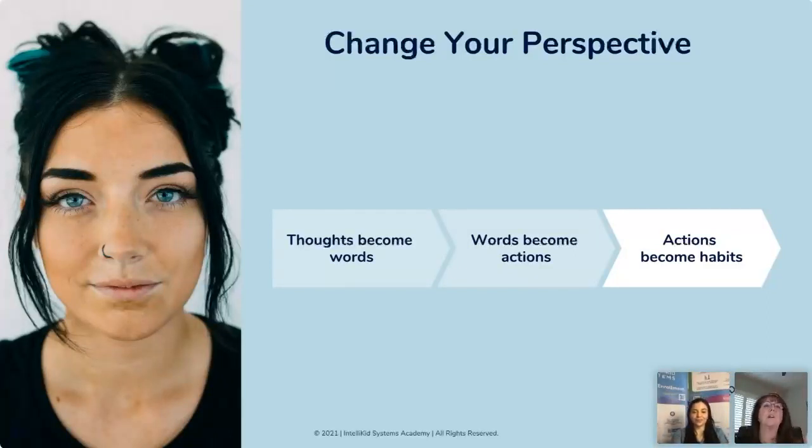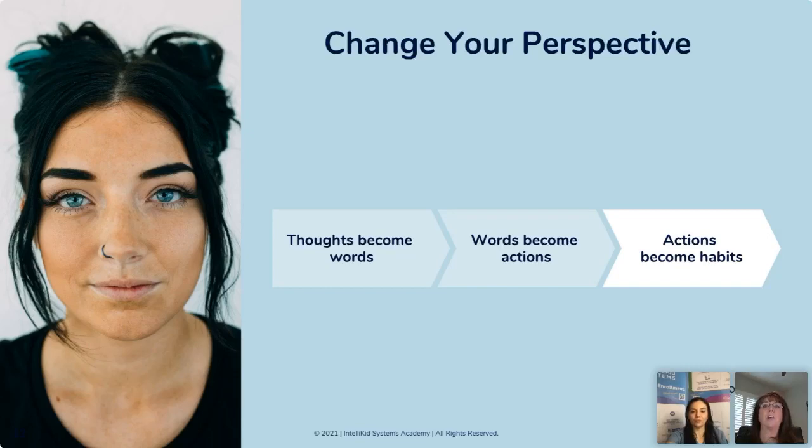Well, it really is about changing your perspective. So thoughts become words. Positive thoughts become positive words, and words become actions. Positive words become positive actions, and then the actions really become habits.